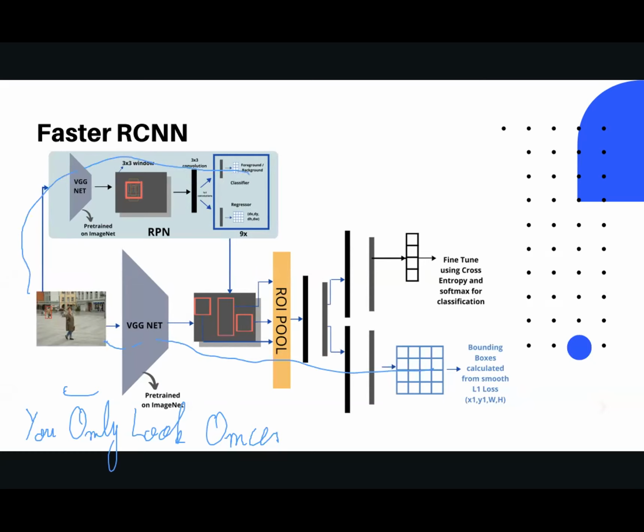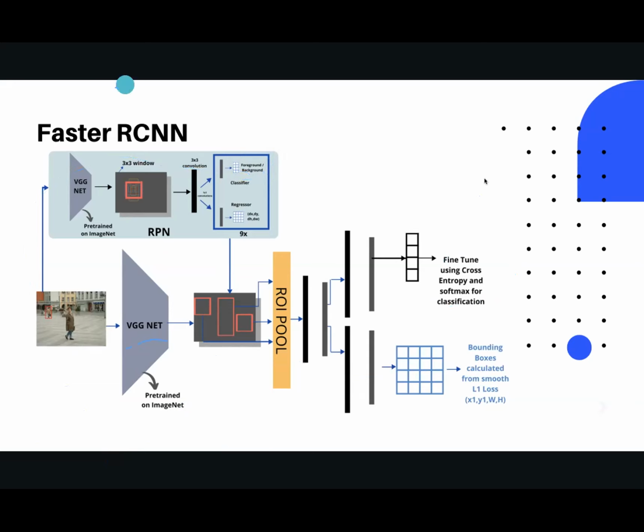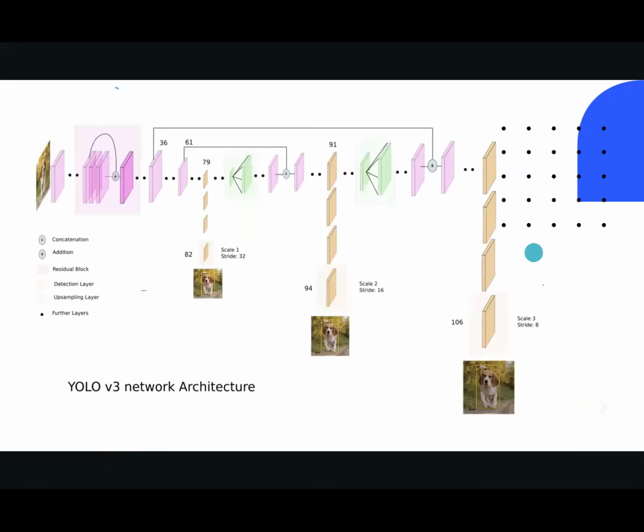And you will be doing the classification first here for background versus foreground, and you will do it again here by doing the classification of the object. So once you will do the classification of objectness, and then the classification of the actual class. So you will be doing it twice. This is the major difference between Faster R-CNN and YOLO. YOLO does not look at the input image multiple times, but only looks at it once.